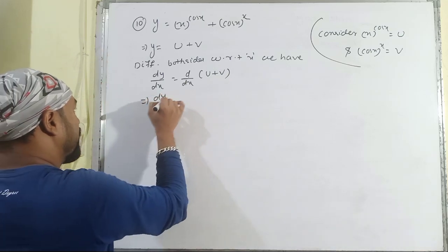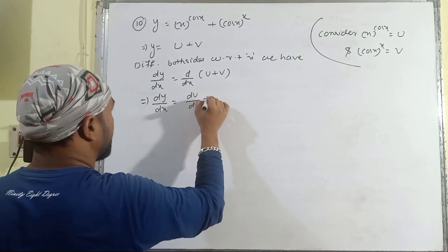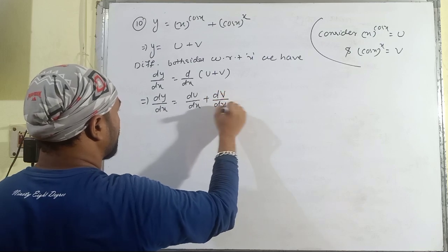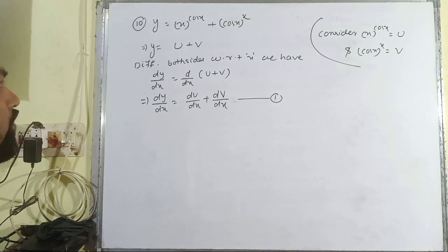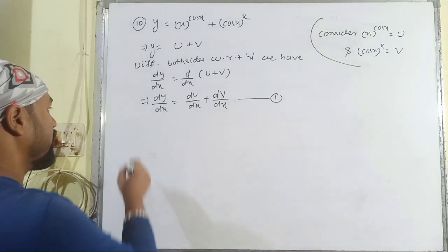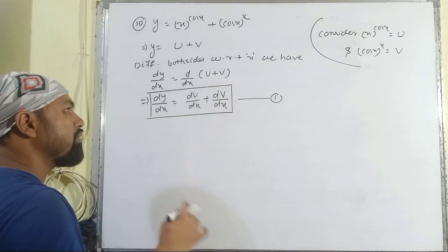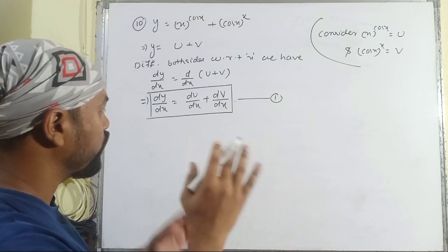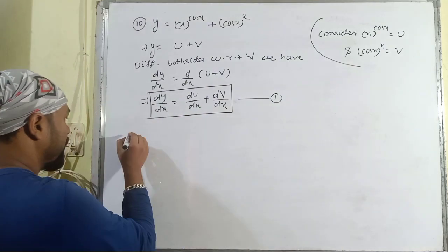So dy upon dx, it is du upon dx, derivative of u with respect to x plus derivative of v with respect to x, and this is the equation number 1. Then we have to consider the functions one by one, and we have to derive them, and then at last we have to put those values here in this equation number 1.